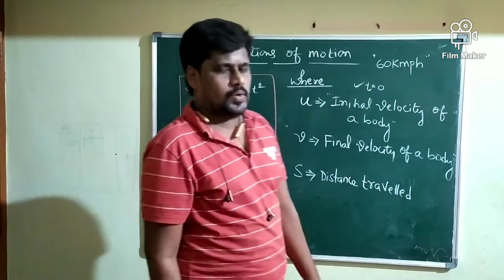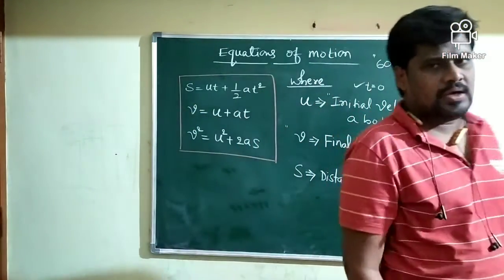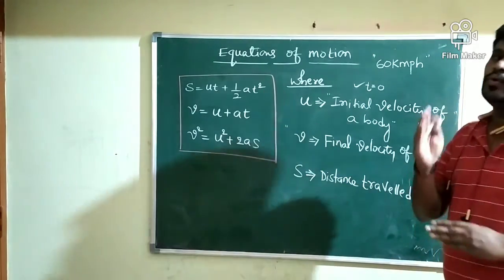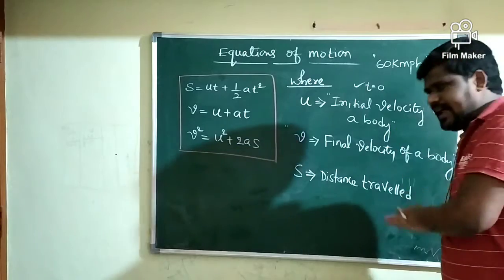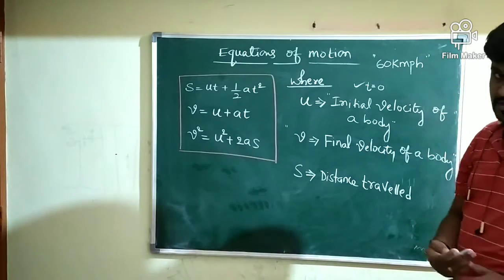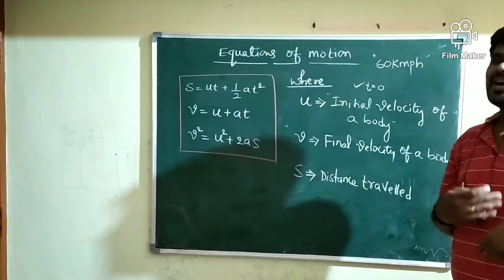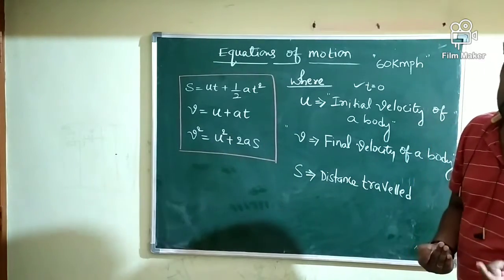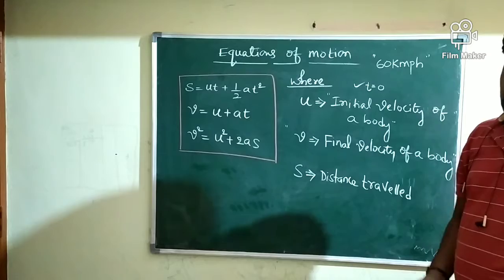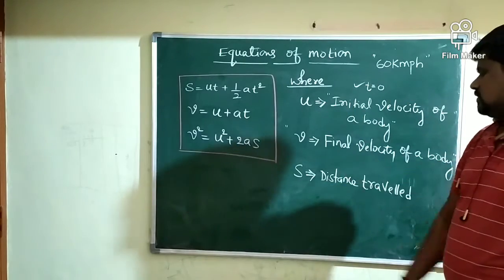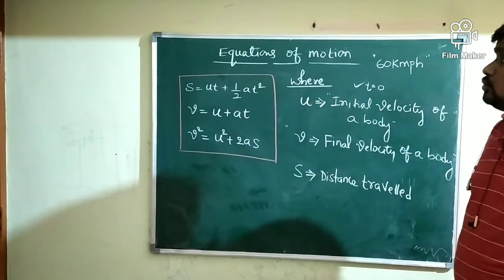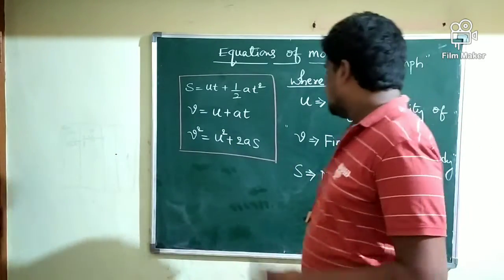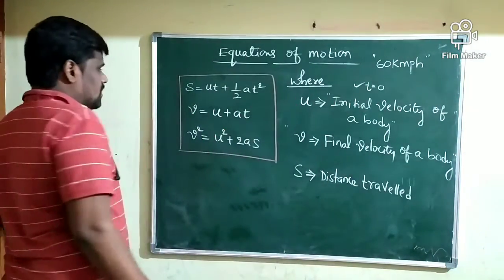If you want to calculate how much distance the car is going to travel in a given time, for example after 30 minutes, or after 45 minutes, how much distance the car can travel, that can be calculated by using s is equals to ut plus half at square. s is called the distance traveled by a body.